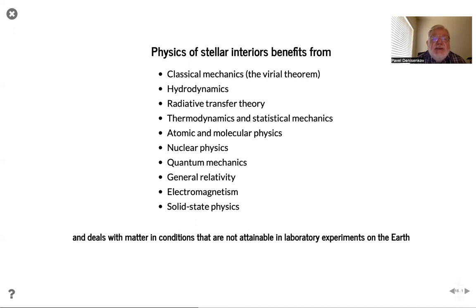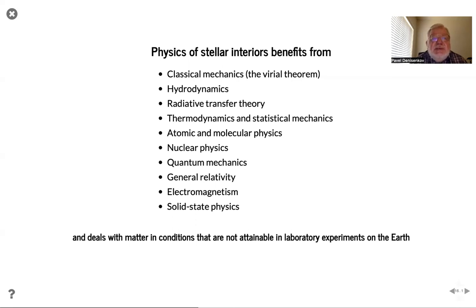Nuclear reactions change the chemical composition inside the stars, but mixing also changes the chemical composition, right? So therefore, hydrodynamics is important. Radiative transfer theory describes how heat is transported inside the stars, where there is no convection. Then thermodynamics and statistical mechanics.